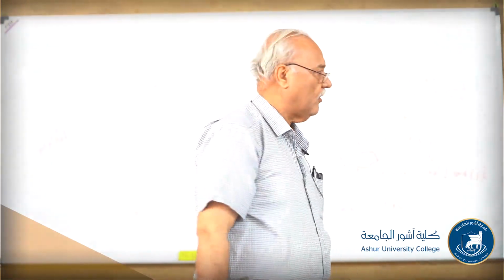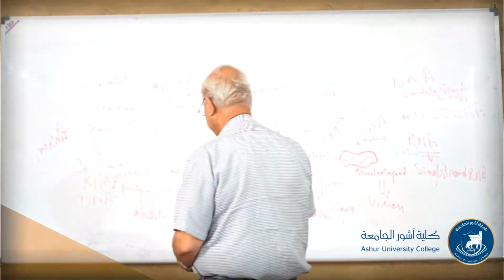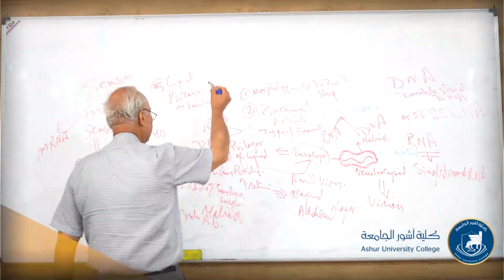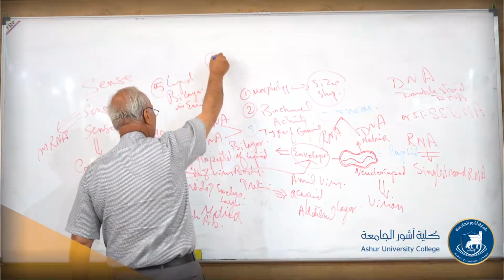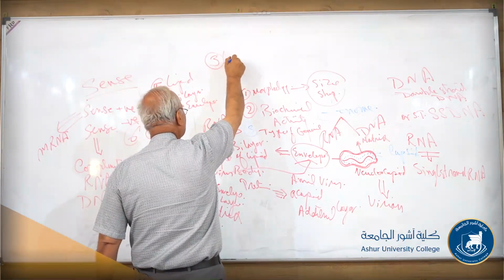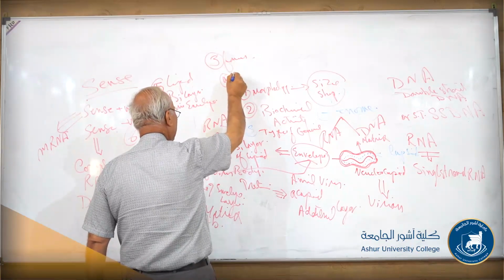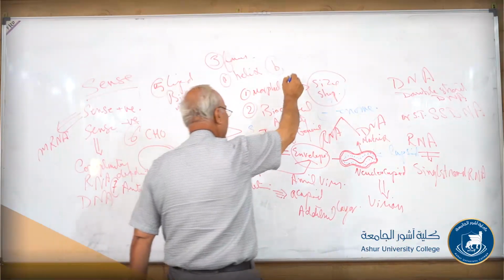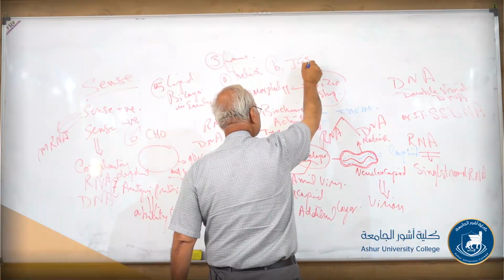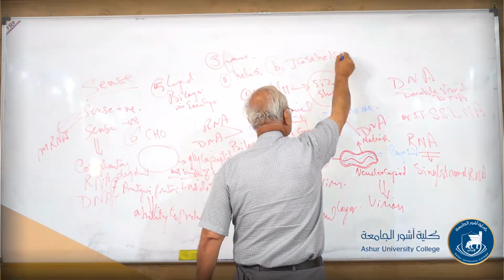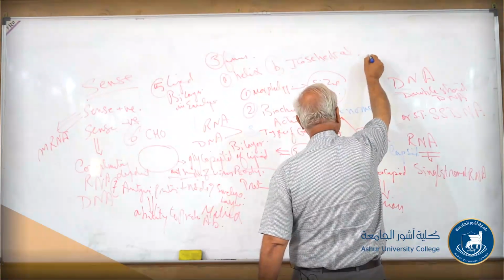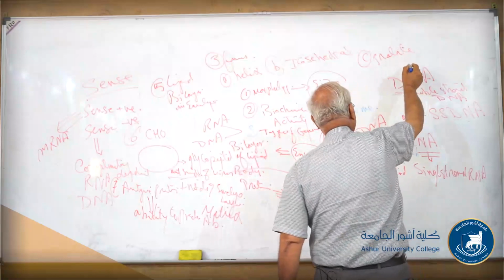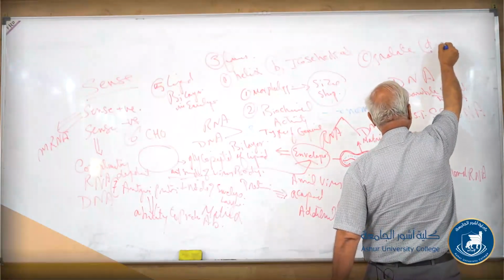Now we move to the shape of the virus. Shape of the virus usually is present in three forms: A, helix; B, icosahedral; C, prolate; and D, complex.